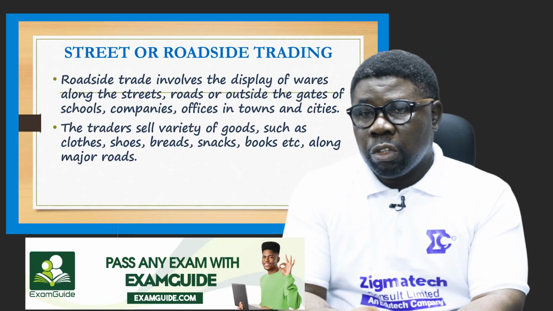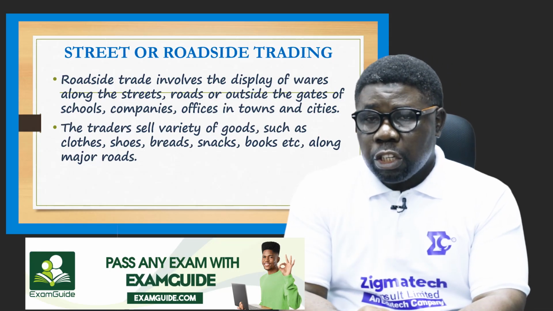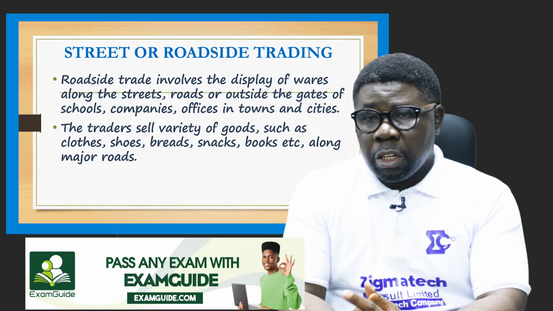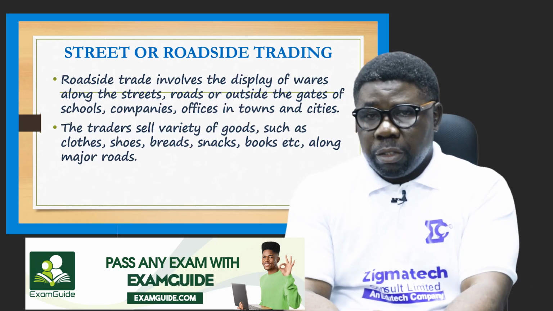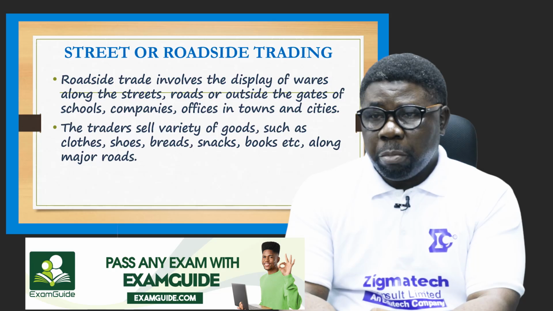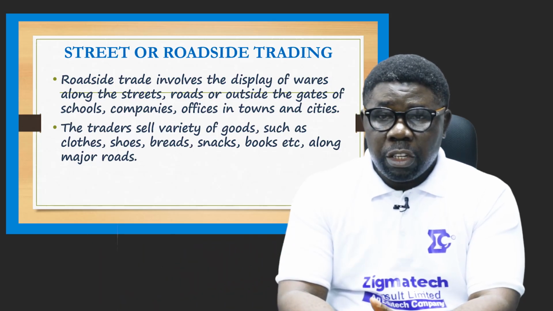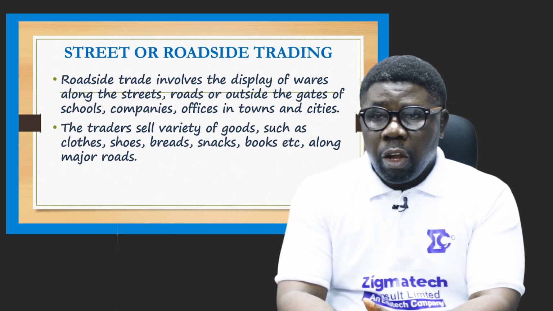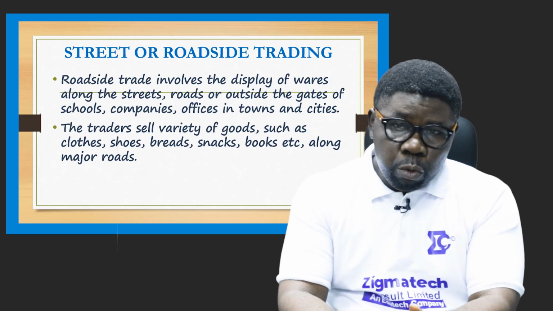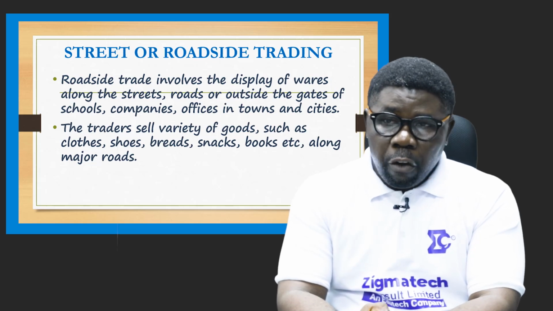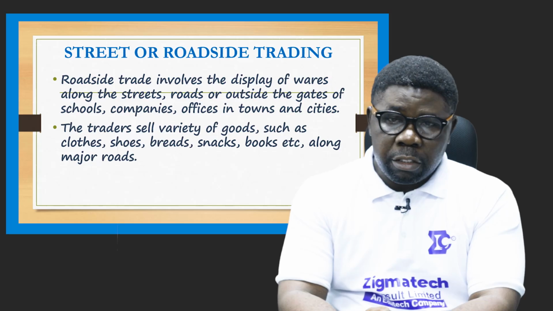Now look at road or street trading. What does it represent? It means trade that involves the display of wares along the streets, roads, or outside the gates of schools, companies, offices in towns and cities.